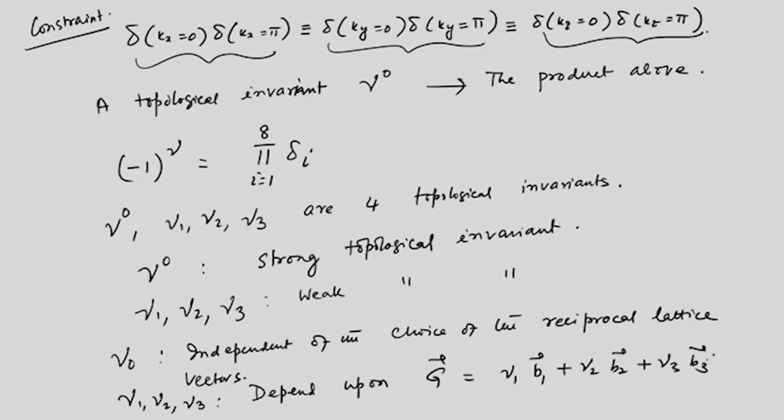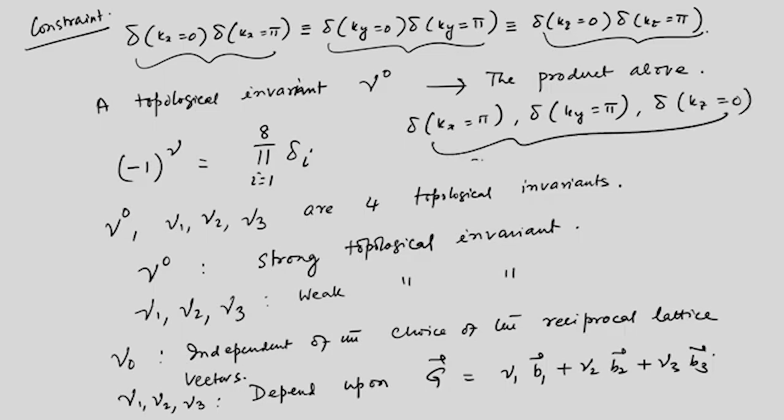So, that is the difference between the strong topological invariant and the weak topological invariants present in the system. In this language, you have delta kx equal to pi, delta ky equal to pi and delta kz equal to pi. These correspond to nu 1, nu 2 and nu 3, and the product corresponds to nu 0. So, these are nu zeros. It is usually written above, so let me write it above.